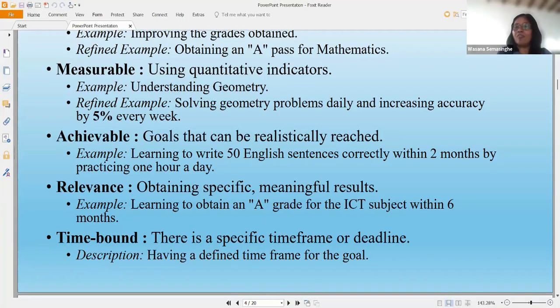You should have a time frame or deadline. Okay? So for the goal, you should be able to finish it, achieve it within this given time frame. Suppose you are teaching a lesson for 40 minutes, your objectives or the goals should be achieved within that 40 minutes. Otherwise it's not a time-bound goal.